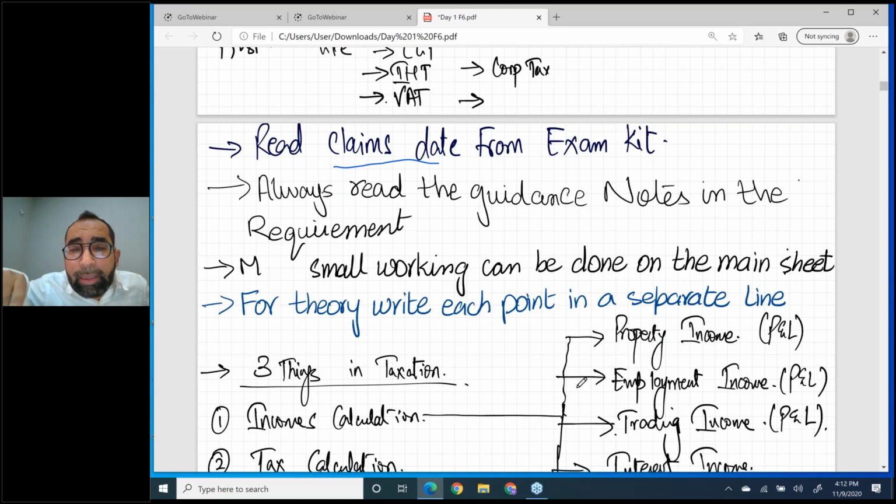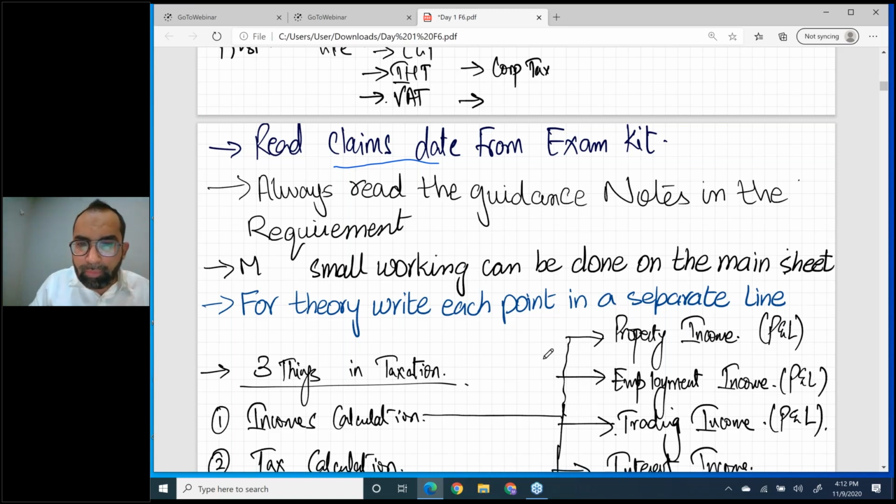In the requirement, sometimes the examiner says start from PBT, or sometimes start from profit after tax, or sometimes start from profit before interest and tax. So you must read the guidance notes so that you do what the examiner is asking, right? In this way your time will be saved. Specifically the examiner has written these lines in the examiner report that students make this mistake. So read the requirement carefully with open eyes, right?